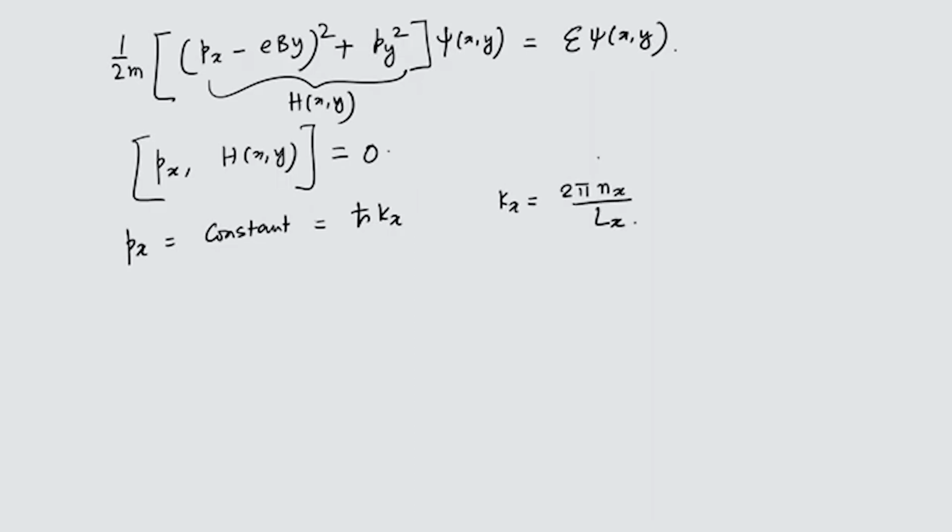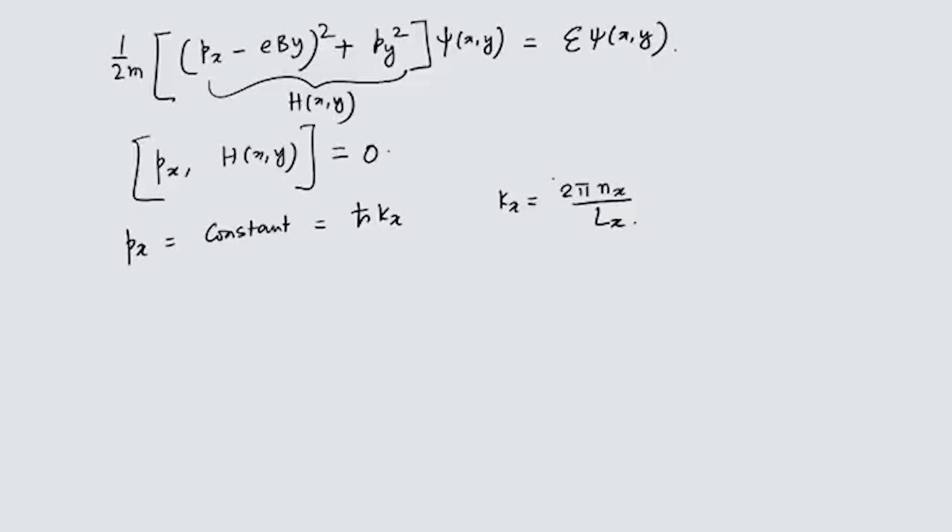Just the way we have learned for a particle in a box, the k vectors are quantized because of the presence of boundaries, and we have seen that k equals n pi over L. Here, because of the periodic boundary condition, you get a factor of 2.